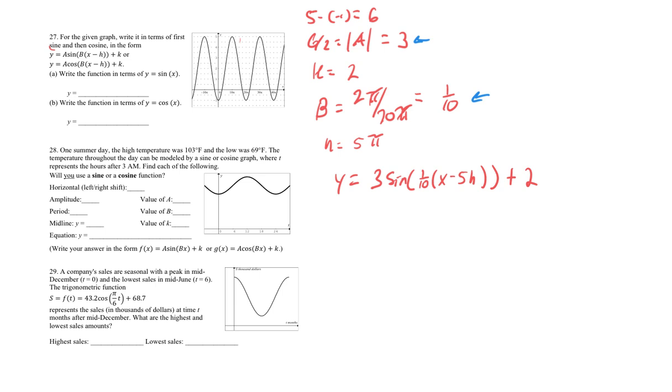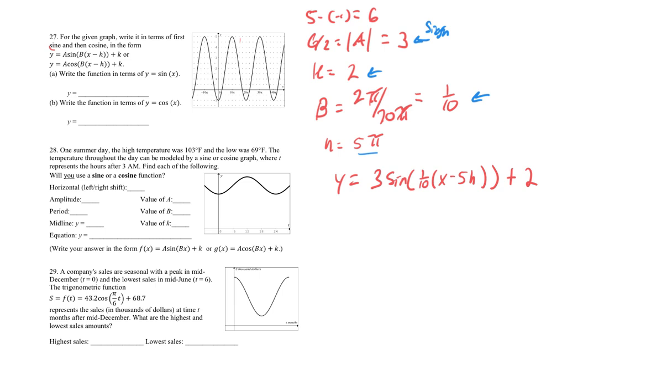Our B value will stay the same, and our K value will also stay the same. Between those, all we need to figure out is the sign, positive or negative, of our amplitude and our horizontal shift.